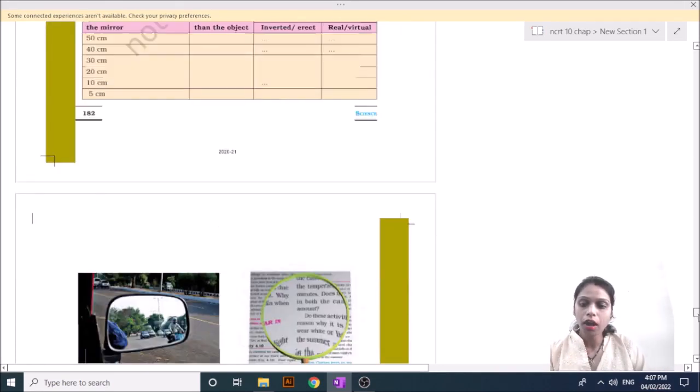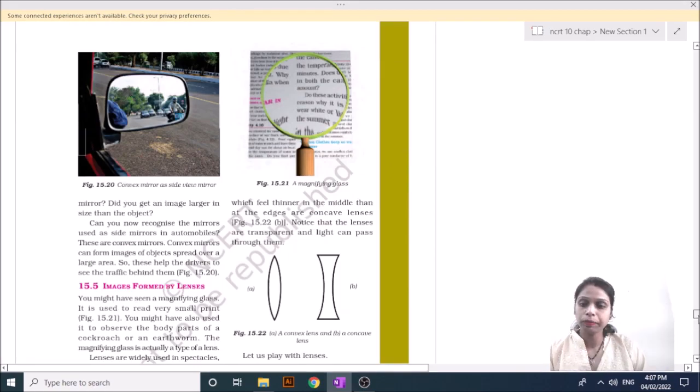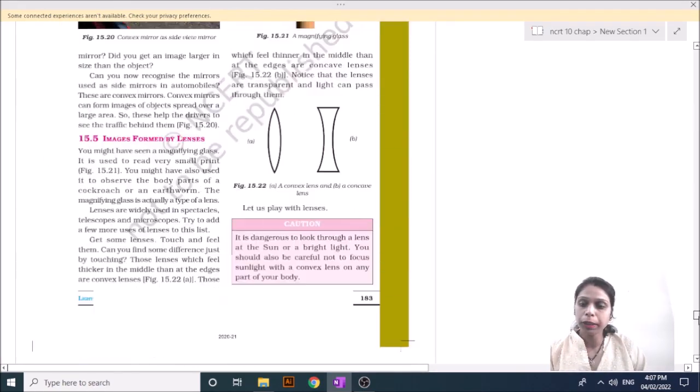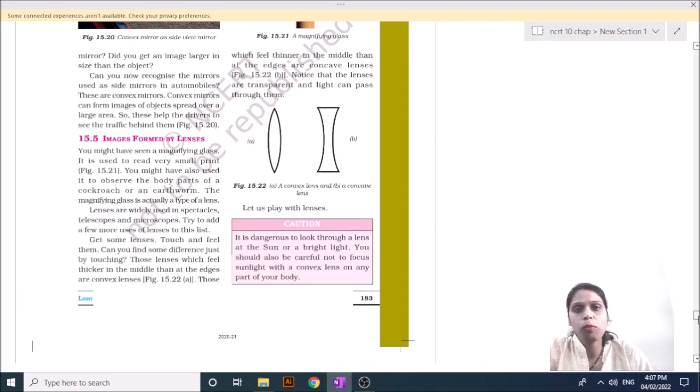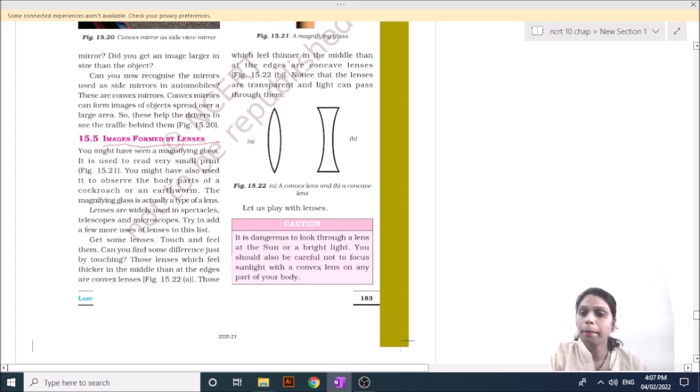Now our next topic. I think you have understood all the characteristics and properties of convex and concave mirrors. Now, what is this? Image formed by lenses. There are two types of lens described in this chapter.